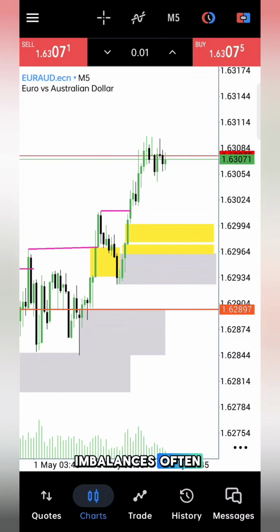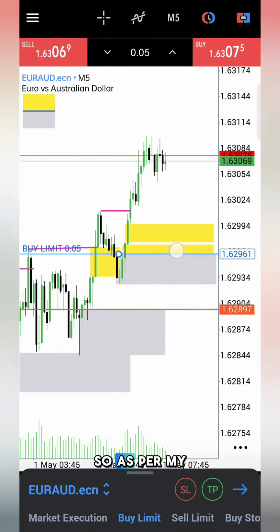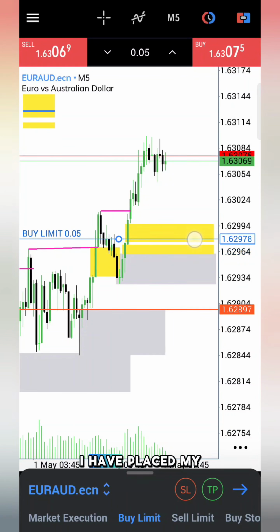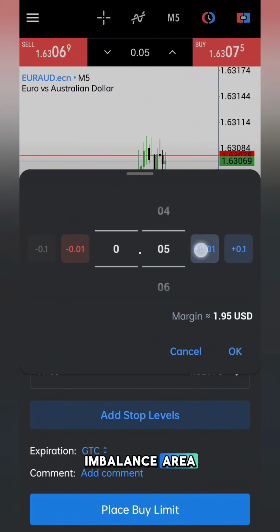Unfilled imbalances often serve as price magnets, attracting price to rebalance inefficiencies. Just remember, not all imbalances get filled immediately. Context and structure matter. So as per my strategy, I have placed my pending limit buy orders from the extreme imbalance area.